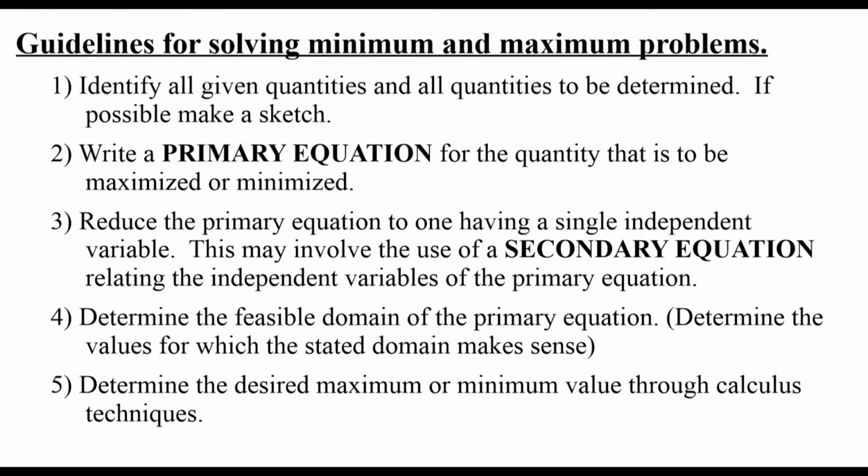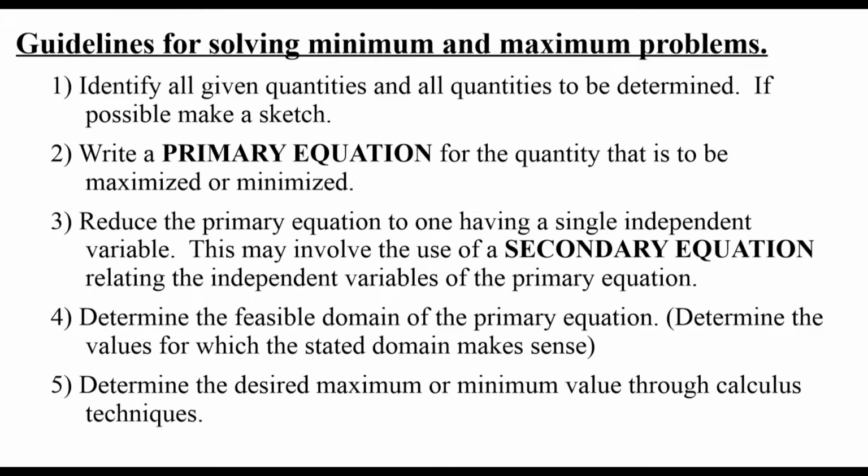For example, maybe they give you two sides of a right triangle, and you may need the third side. You may have to calculate that before you can move on, and that would be a quantity to be determined.